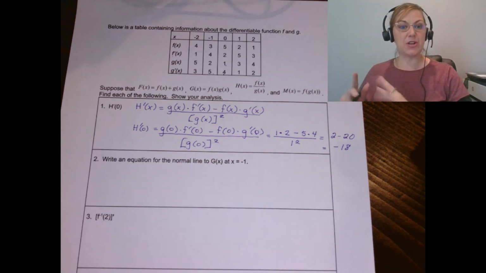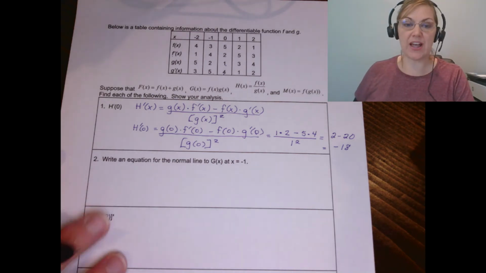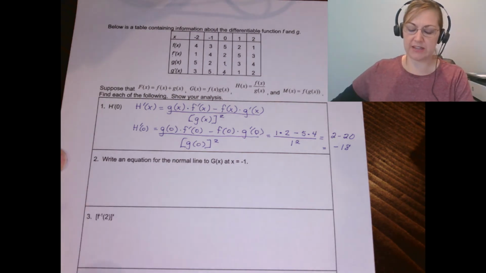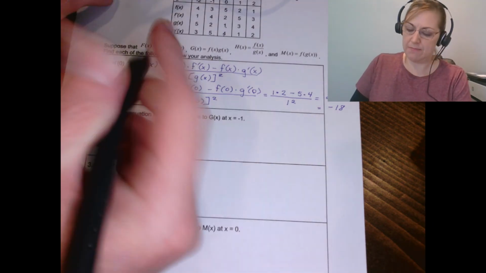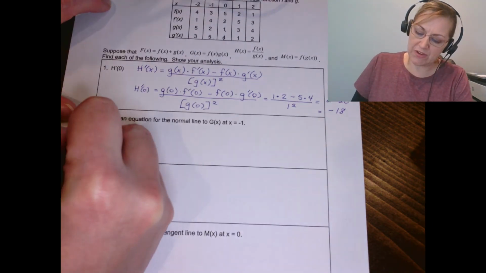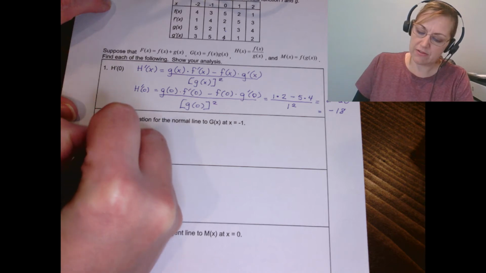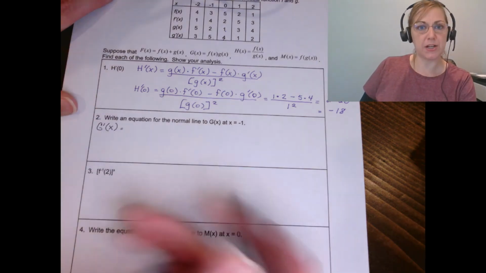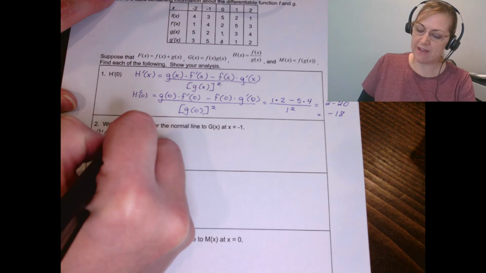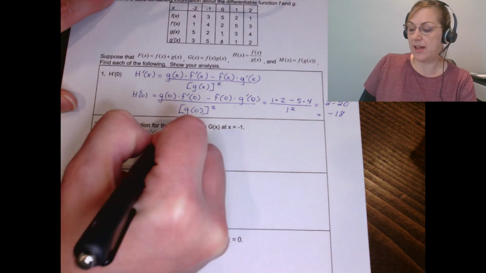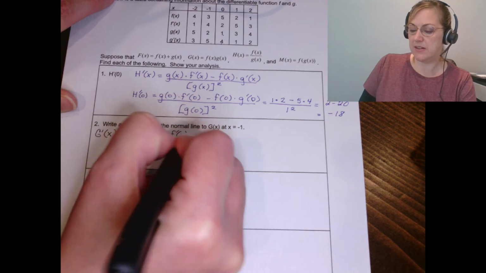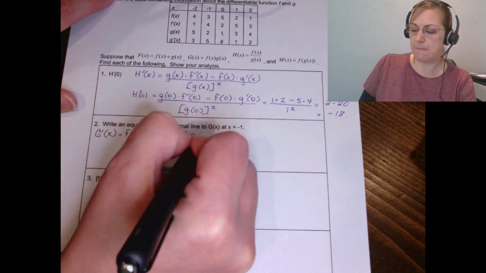Okay, now number 2, I need the normal line of capital G of x. So I see that G of x is f times g. So we'll find the derivative first. f times g, product rule, right? So I need f of x times g prime of x plus f prime of x times g of x.